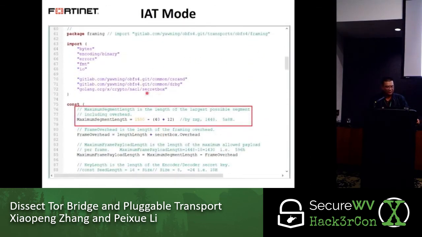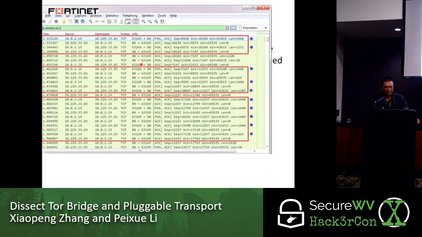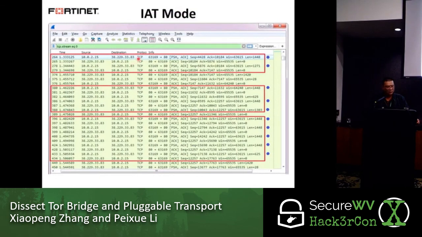This is the code of the OBFS4 bridge where it computes the MTU. 2 means splitting the large packet into variable size packets. This is an example screenshot of Wireshark, where the packets in the rectangle were a large packet split by IAT mode. There are 3.